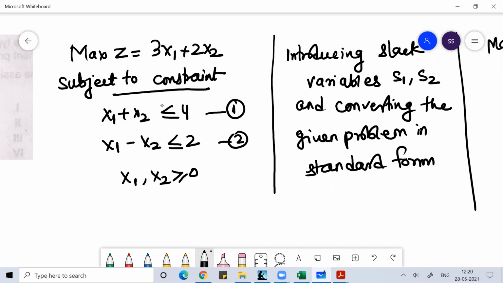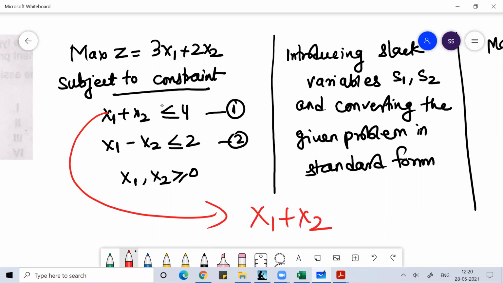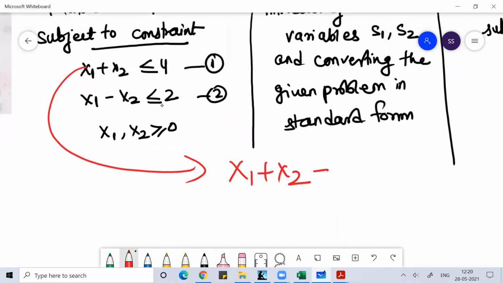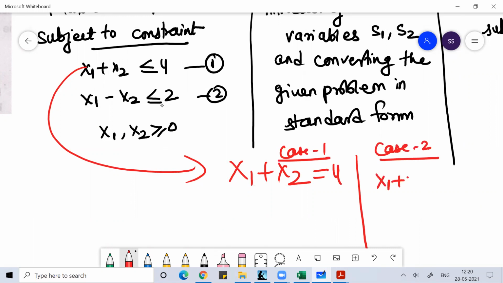To make you understand this, please understand: we have x1 plus x2, and two things can happen with it. Either it is equal to 4, or it is less than 4.